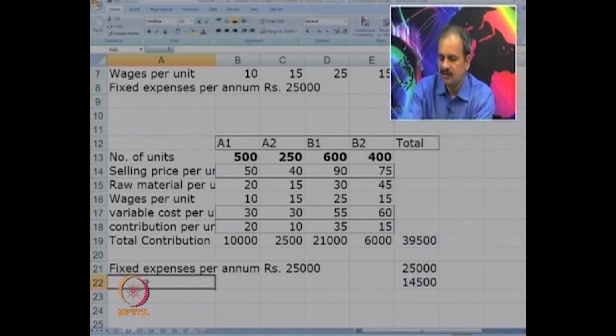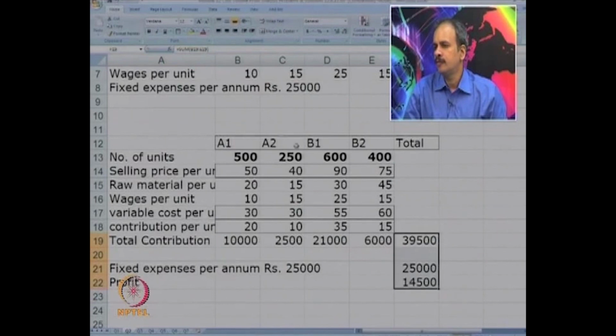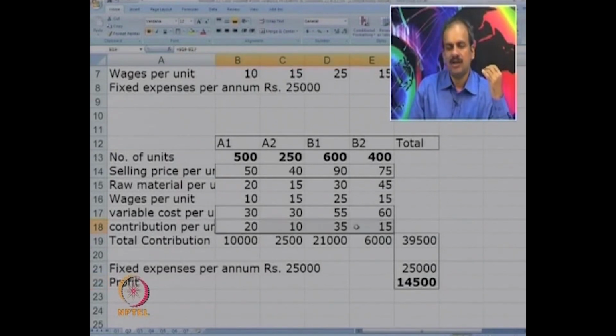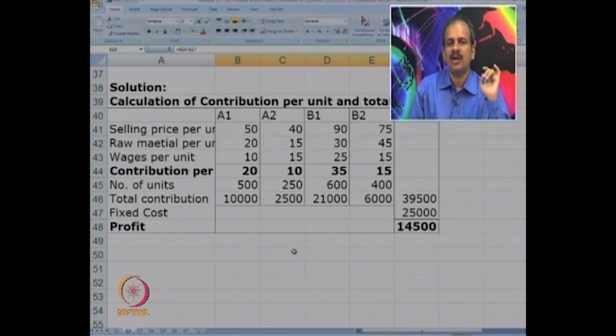So profit is 14,500. Is it very clear to all? So here for each product we have calculated the profitability by calculating the contribution and then gone into calculating the final profit. This is the way it can be calculated.